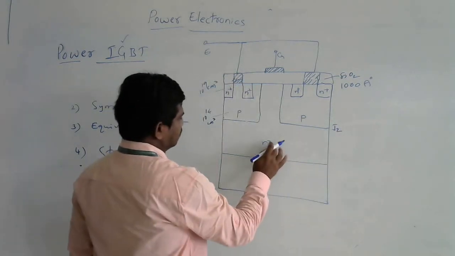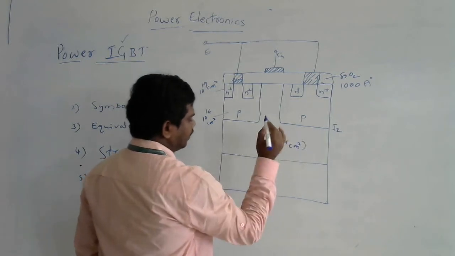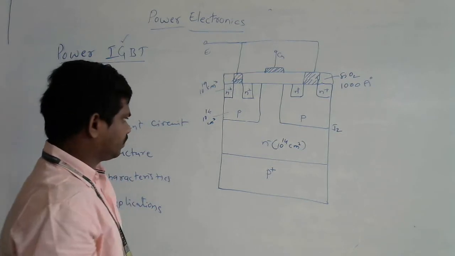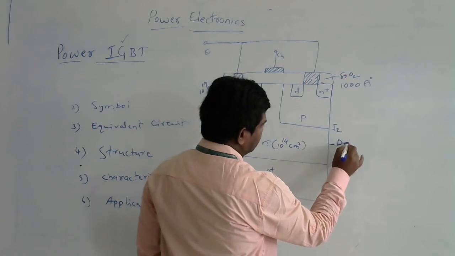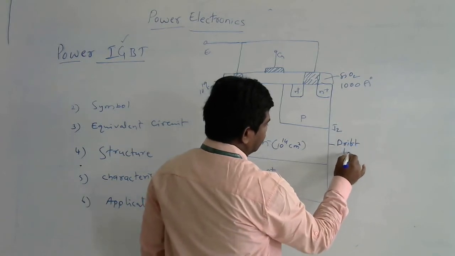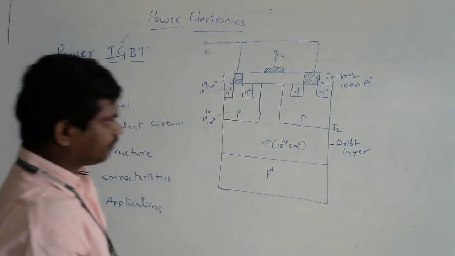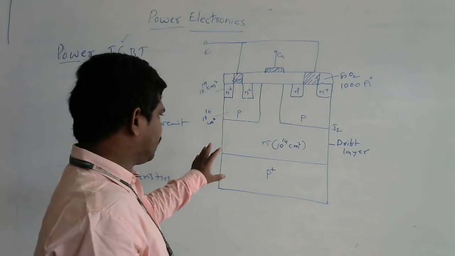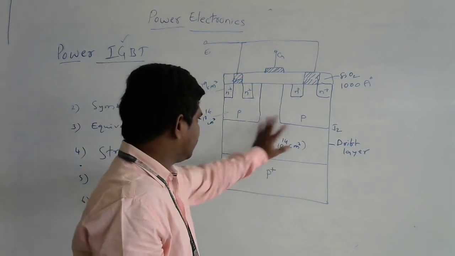After this is 10 power 14 per centimeter cube, a lightly doped area. N minus indicates what? A lightly doped area, and the other name for this is the drift layer. What do we mean by drift layer? If it is lightly doped, then it automatically allows the current to flow very easily in that area.